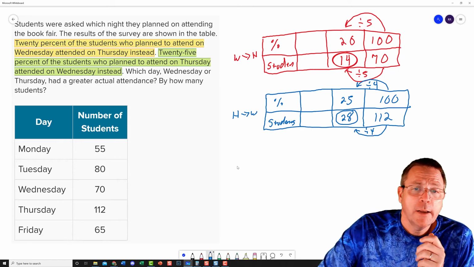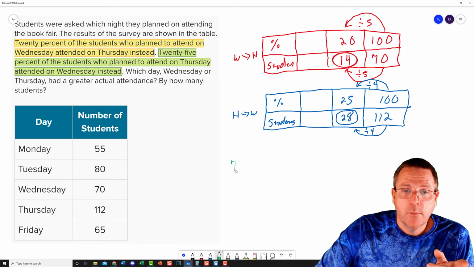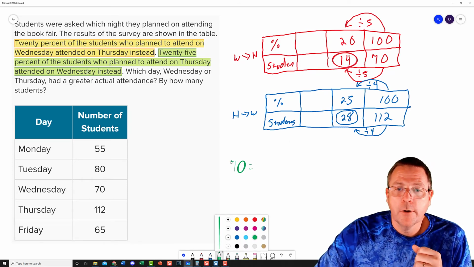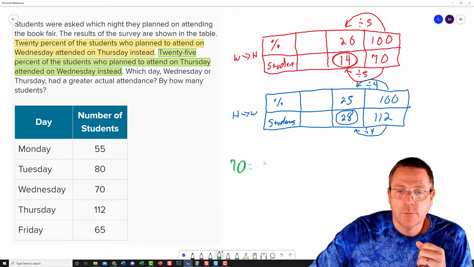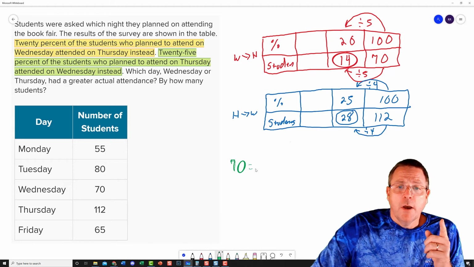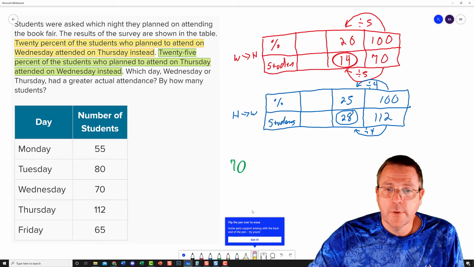That's just the beginning of solving this problem. Now we're going to have to do some other cool math here. We're going to start off with Wednesday, where you had 70 kids scheduled. Let's make that a little bit bigger here. We had 70 kids scheduled to go on Wednesday, but of those 70 kids, 14 of them decided they were going to go on Thursday instead.